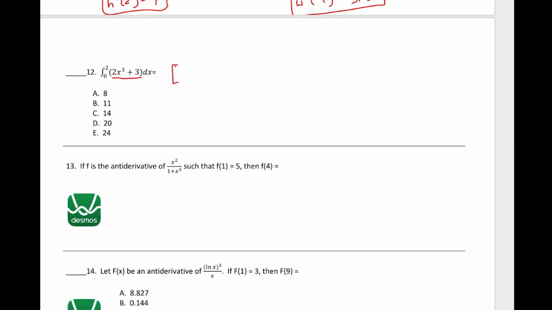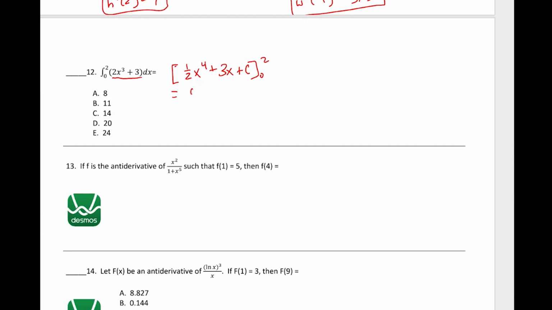So the antiderivative of 2x cubed plus 3 is going to be, 2 divided by 4 is 1/2, x to the 4th plus 3x plus c from 0 to 2. And let's see, if we substitute in 2 to the 4th power, 2, 4, 8, 16.